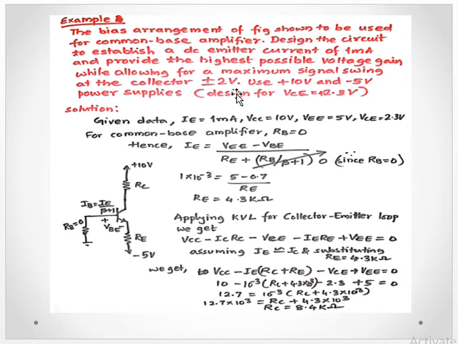So the total variation is 4 volt. Use VCC plus 10 volt and VEE minus 5 volt, and for design you take VCE as 2.3 volt.